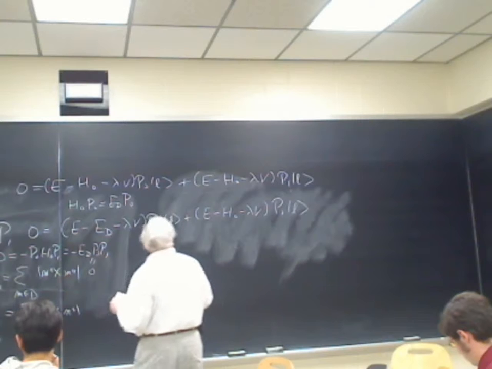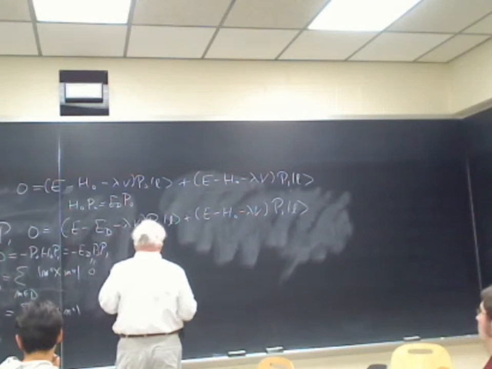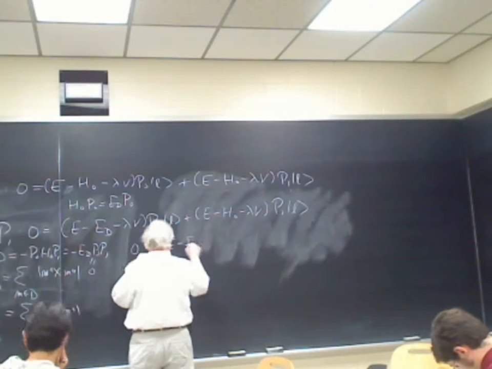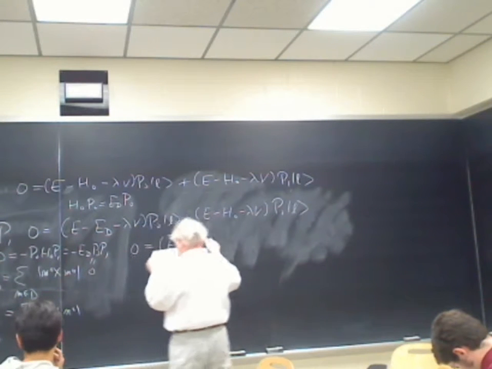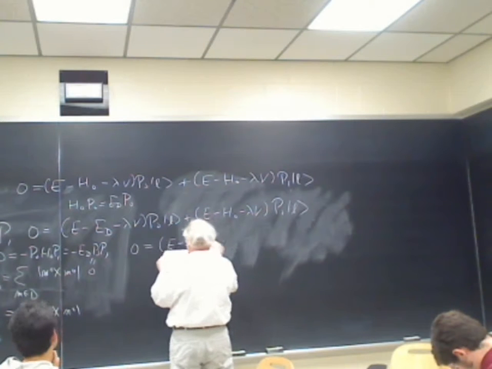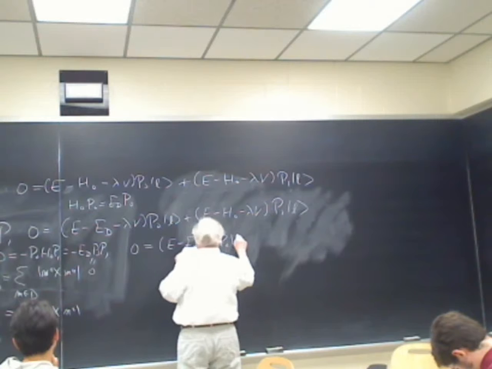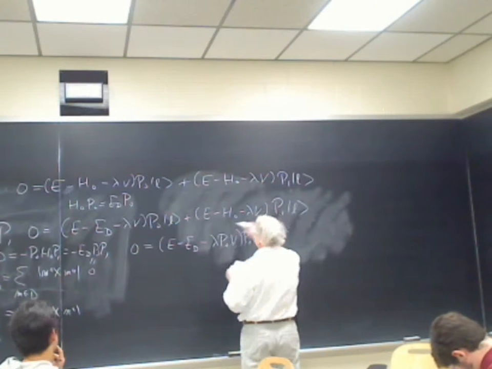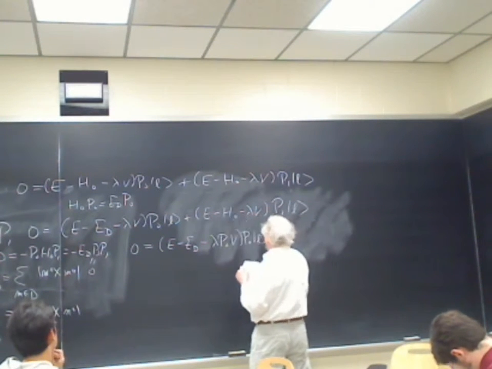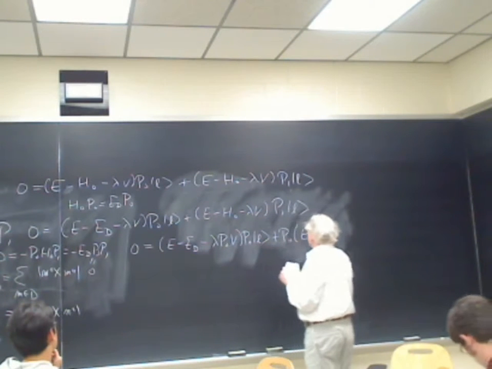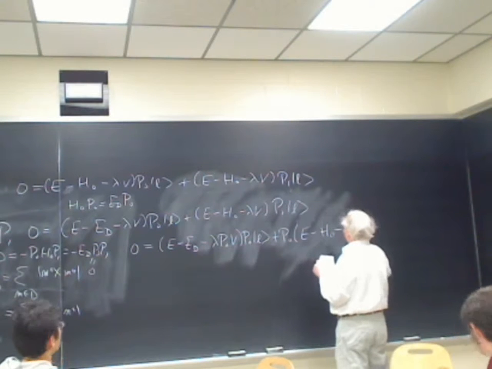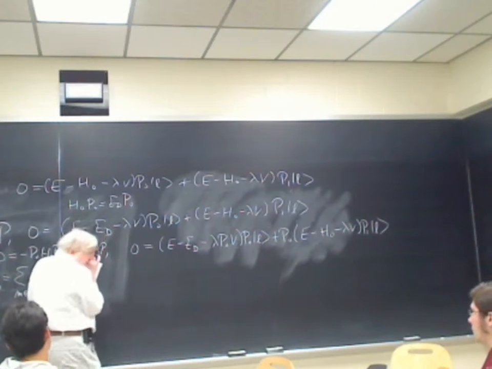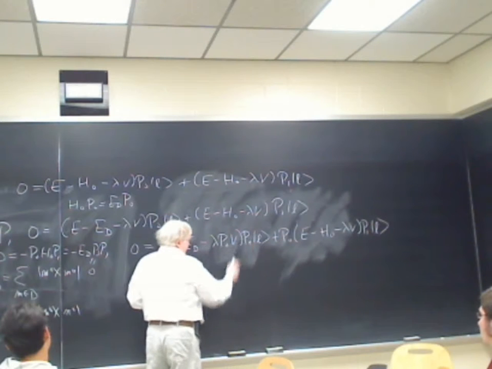So now what we're going to do is multiply this equation from the left by P0. And when we do, what we get is 0 equals E minus E_D minus lambda P0 V P0 L, and then over here, let me write it as two equations, plus P0 (E minus H0 minus lambda V) P1 L. So that's just multiplying this whole equation from the left by the projection operator P0, which slides through these numbers and hits there.